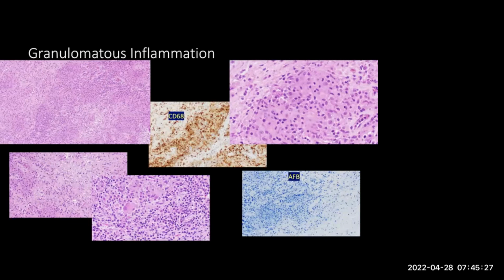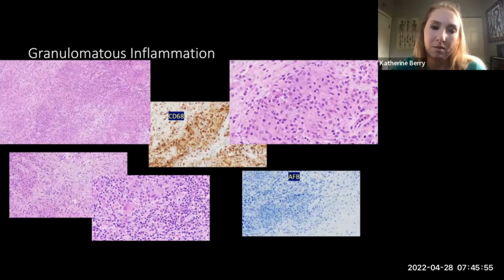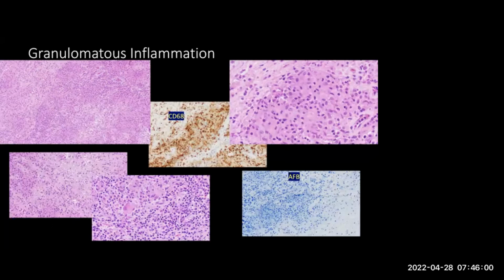At the bottom middle, you see a giant cell. On the left bottom, you see necrosis. So, variably necrotizing granuloma with giant cells and acid-fast stain is negative. That means this is not tuberculosis. And it could be anything else that causes granulomas, including sarcoidosis and others. That's all I have.